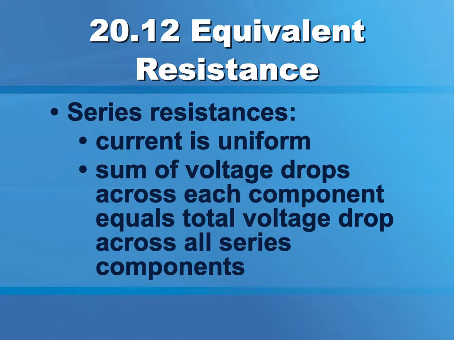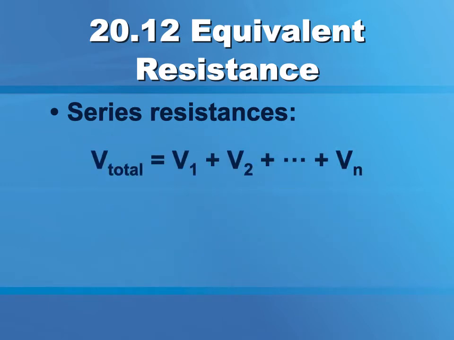They use the illustration in the book, and I didn't draw a picture of this, of a box going down steps. If a box falls down the steps, the amount of potential energy lost at each step is equal to the total loss going down the entire staircase. So the voltage total equals V1 plus V2, etc.